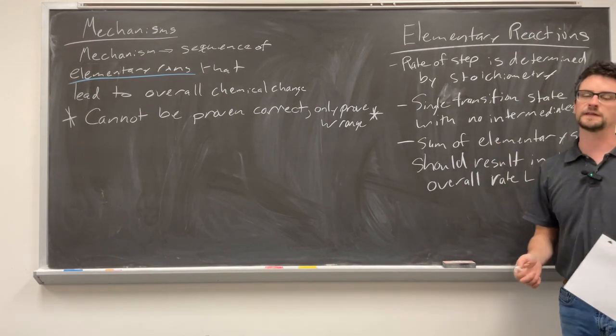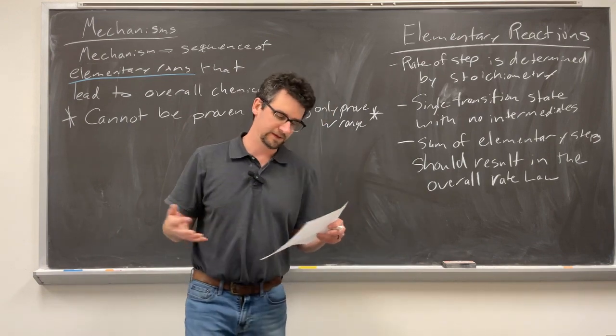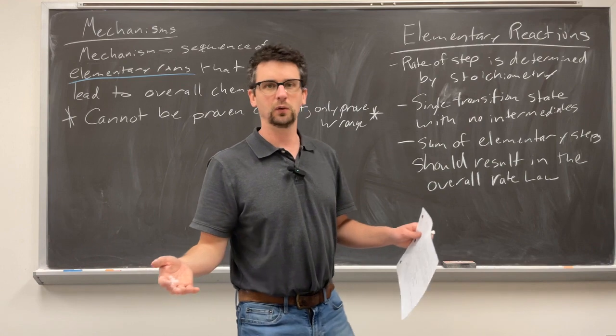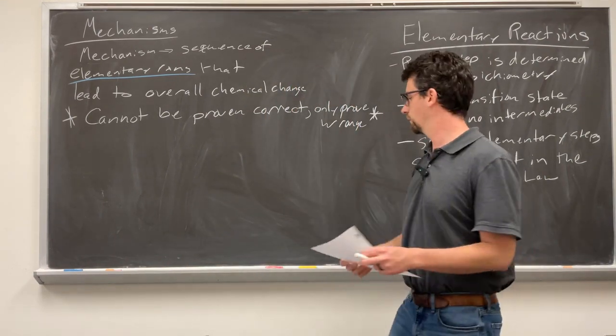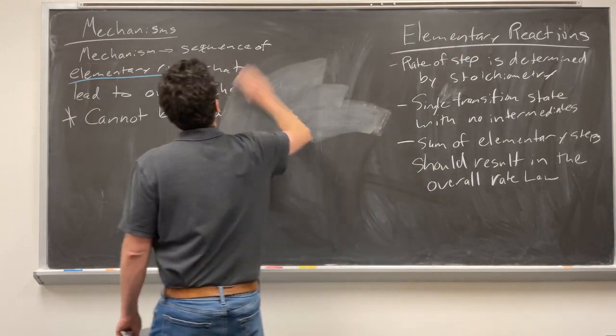And most of the time, these elementary steps are comprised of the decomposition or dissociation of a molecule, or two entities coming together to form a new product or a new molecule. So let's look at an example of this.